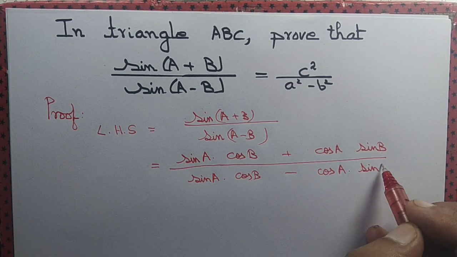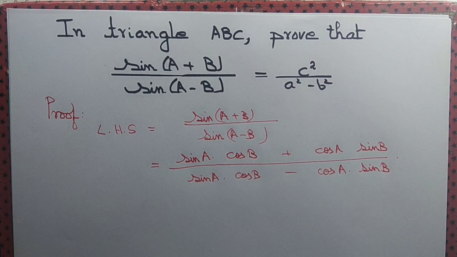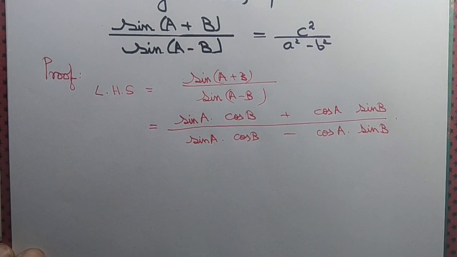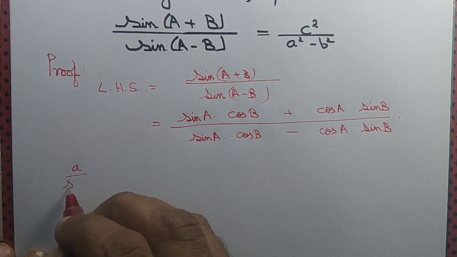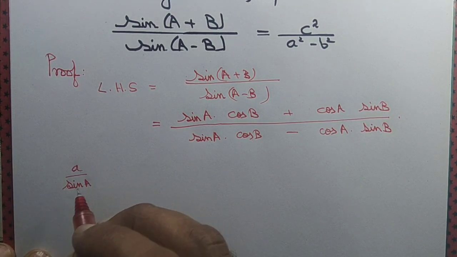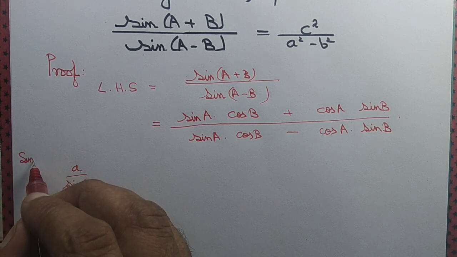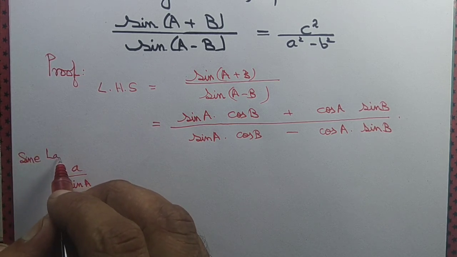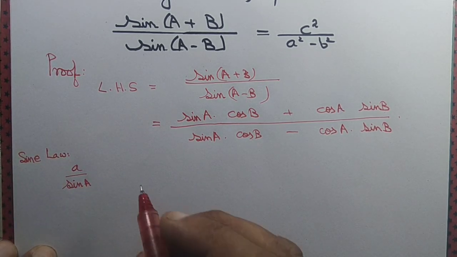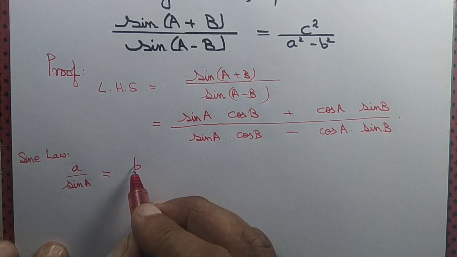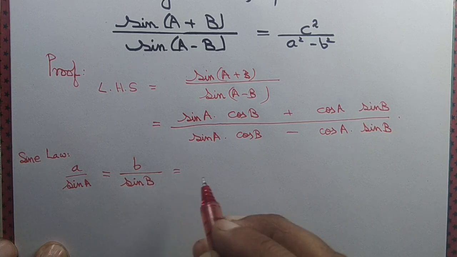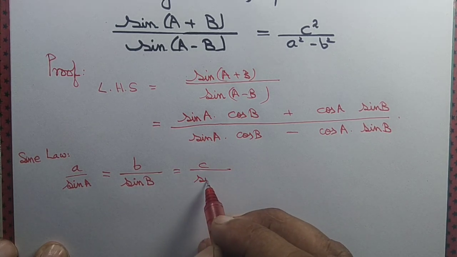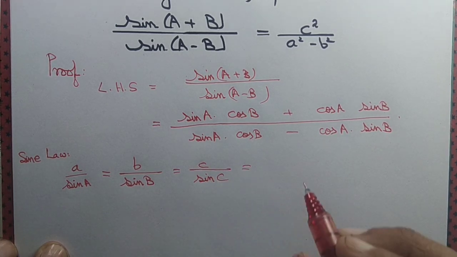So basically we need sine law and cosine law. So let's recall sine law and cosine law. By sine law we have a by sin A equal to b by sin B equal to c by sin C, and that's equal to 2r.